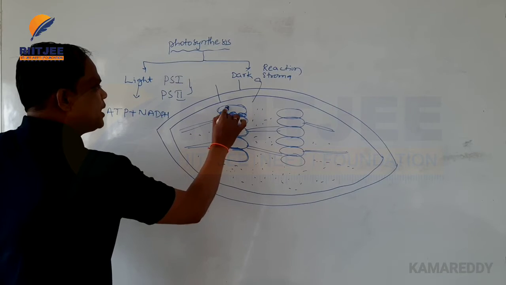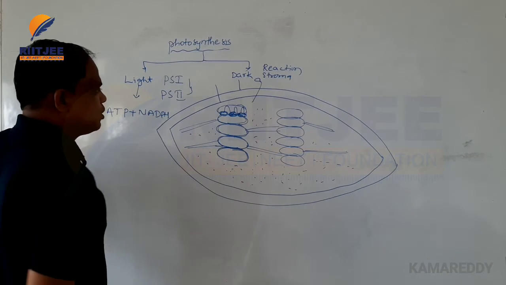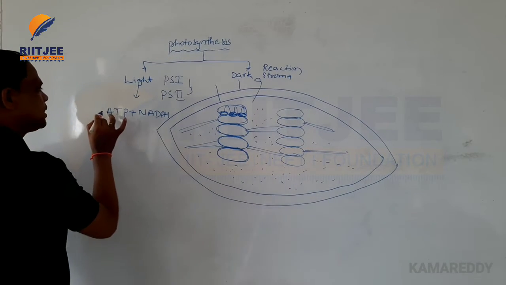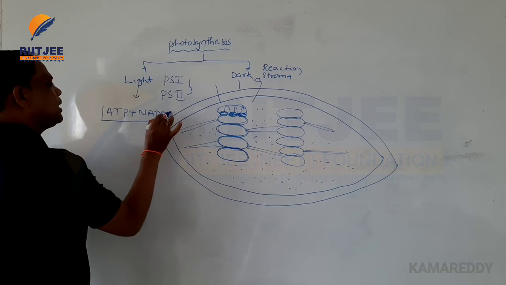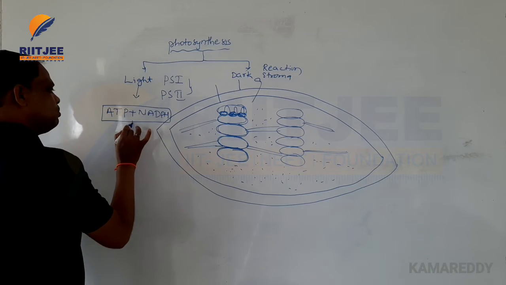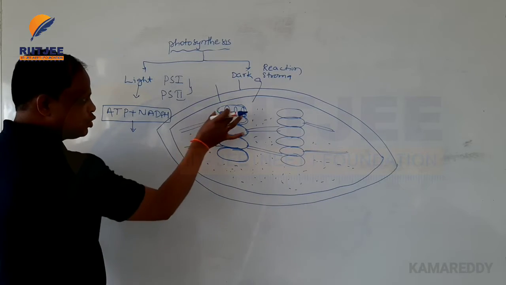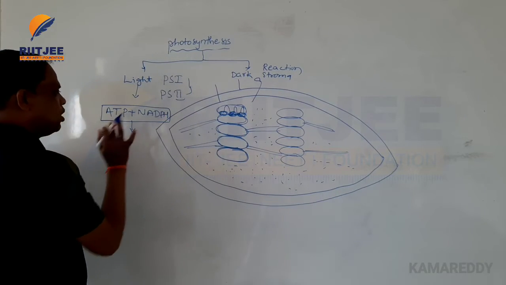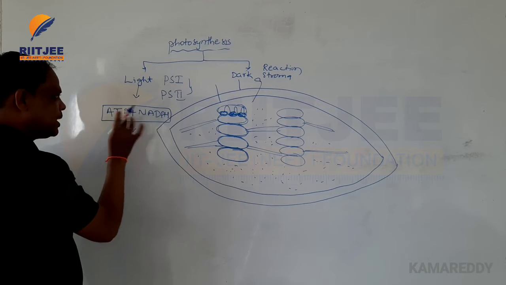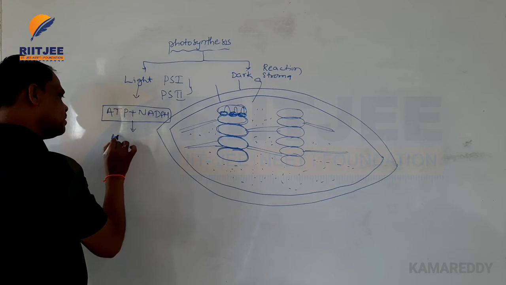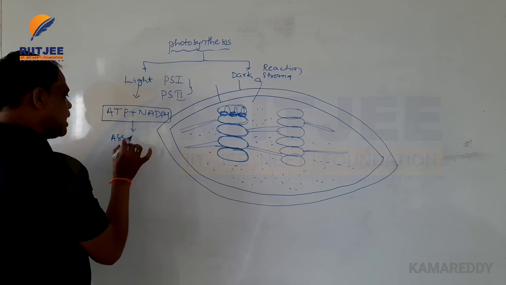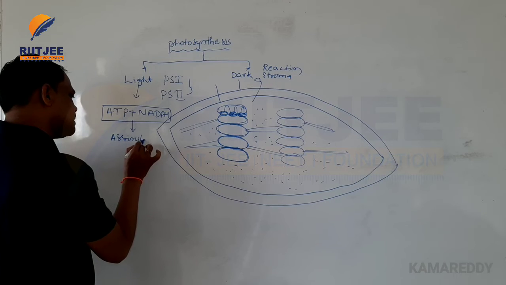Then the final products are ATP and NADPH. Both of these energies are released in the light reaction. Okay, so then what happened here? Both of these reaction energies are called assimilatory energy.